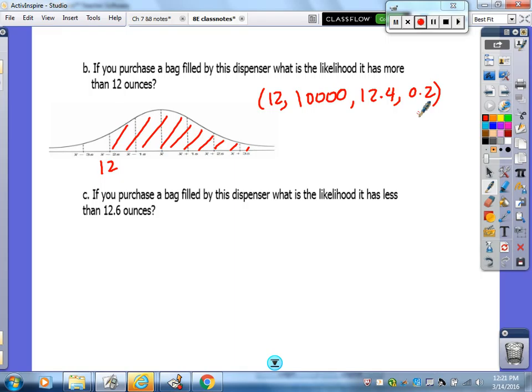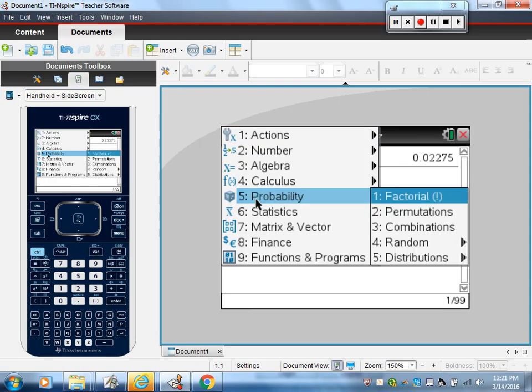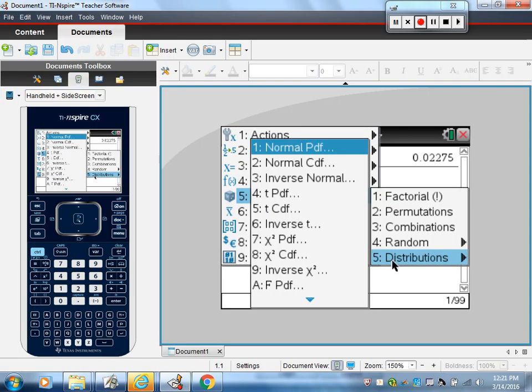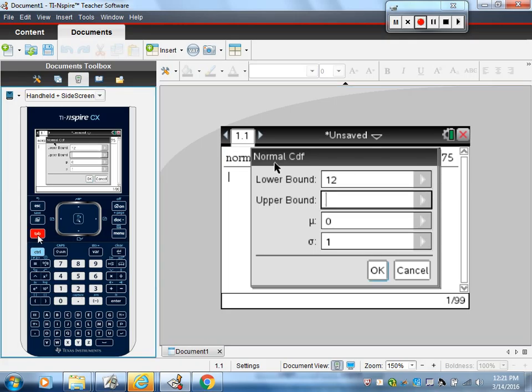Let's go back in our calculator and do the same thing. We're going to go to menu, probability, 5. We're still looking for an area under the curve, so we're in normal CDF. This time I've got to change that lower bound to 12. For my upper bound, you just put a bunch of nines, you can't go too big, and then the mean and standard deviation.